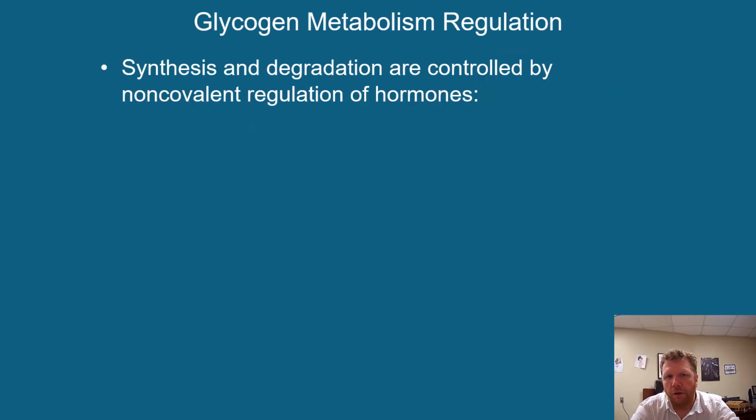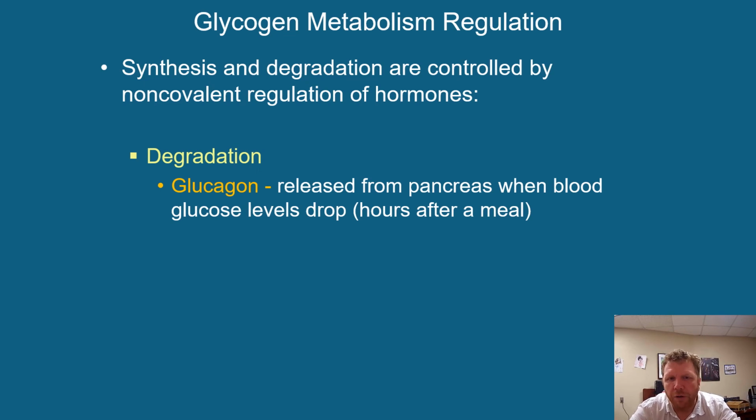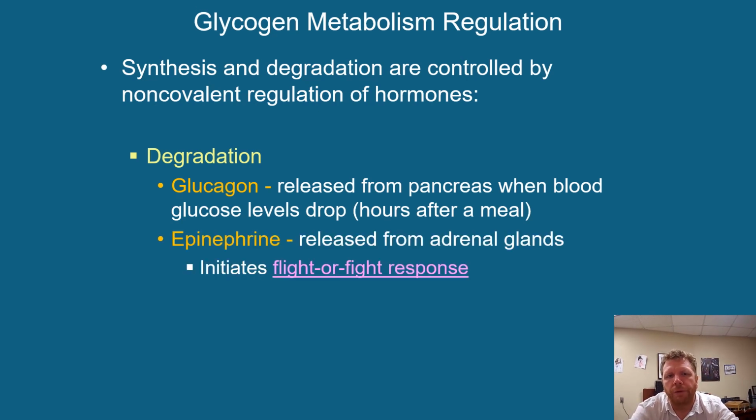Now the regulation of glycogen metabolism is very tightly controlled by a number of different hormones, which I previously mentioned. Now the degradation of glycogen is regulated by glucagon, released from the pancreas when blood glucose levels drop. So glucagon is going to stimulate breakdown of glycogen. It's going to say we need more, our blood glucose levels are low, let's break down some glycogen so we can get some glucose 1-phosphate that can undergo an isomerization or be treated by a mutase to make glucose 6-phosphate so we can go through glycolysis and get some energy.